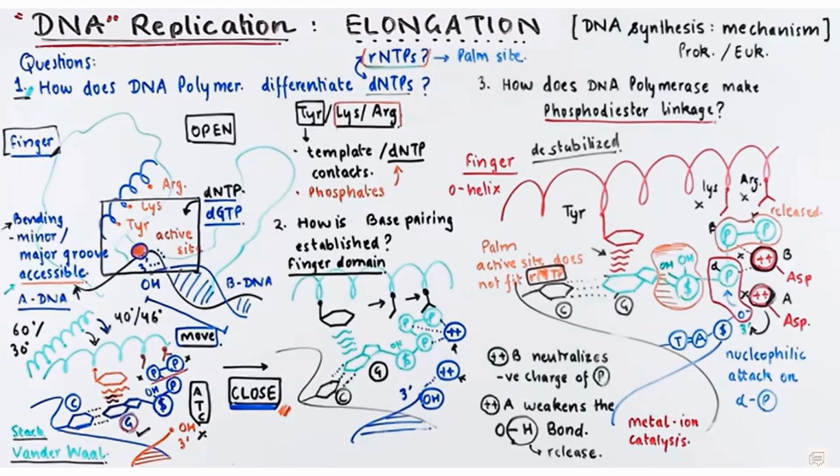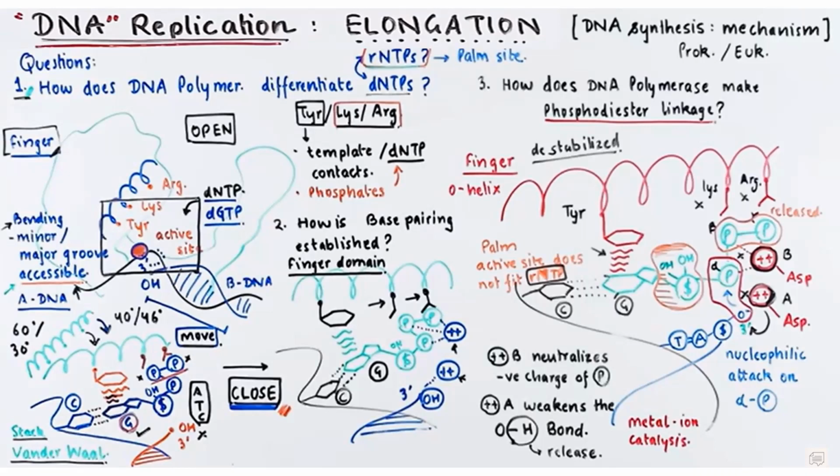All the stabilized interaction with the correct dNTP is what stabilizes the closed conformation of the DNA polymerase. Now let's see what is special in this closed conformation. When this closed conformation is triggered, the active site engages properly.